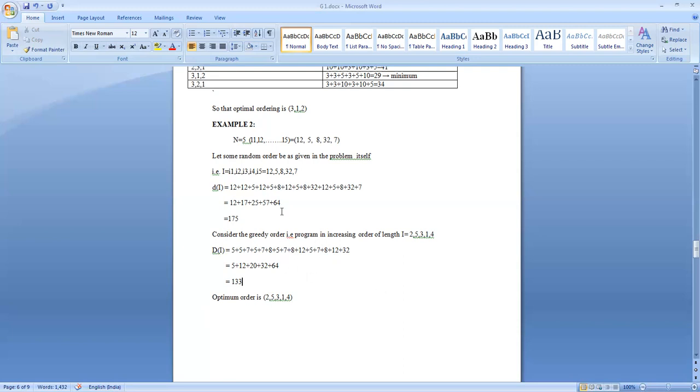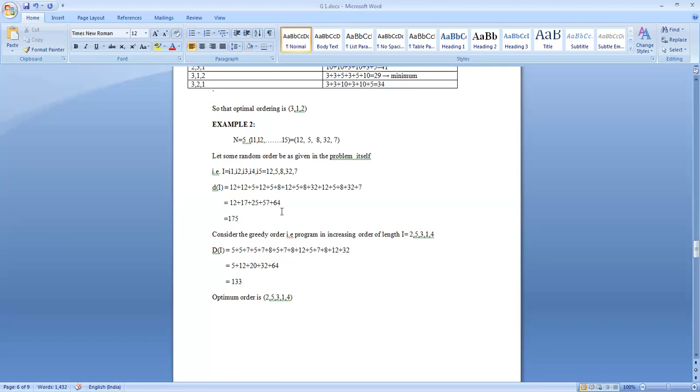If you adopt any other selection method, certainly the mean retrieval time will be higher than this 133. So this problem is solved under the greedy method. Now you may wonder whether this problem comes under the subset paradigm or the order paradigm.